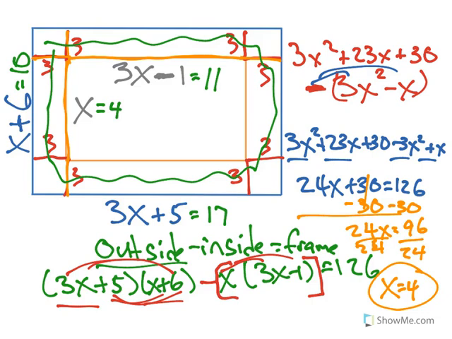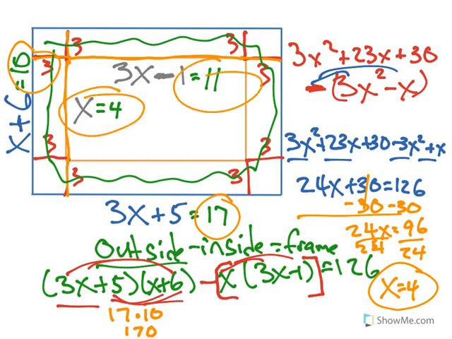So the area of the outside is 17 by 10, right? So that's 17 times 10 is 170. And my area of the inside is 4 times 11, which is 44. And 170 minus 44 is 126.